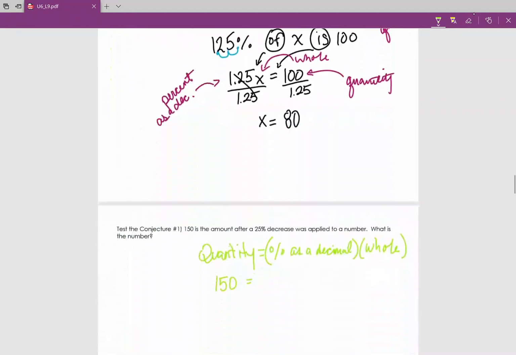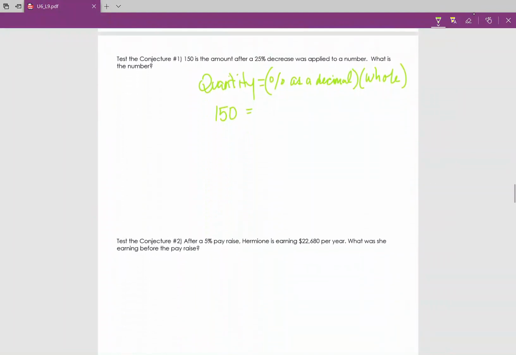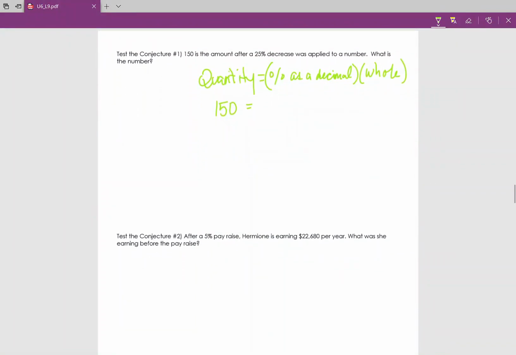Now, if we go back down to our test of the conjecture, it's a decrease of 25%. So what am I going to do with that? I need to take 100% and subtract 25% from it. And that'll give us 75%. So now as a decimal, we need to write it as 0.75 times our whole, which we have no idea what that is.